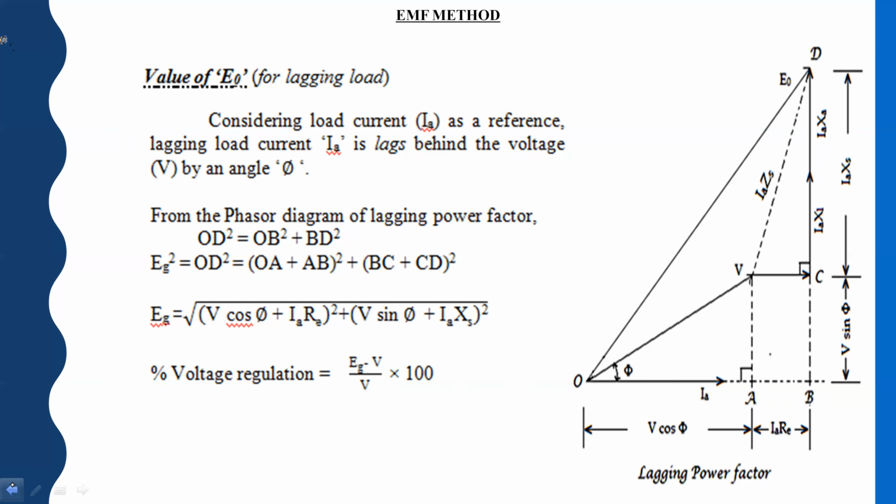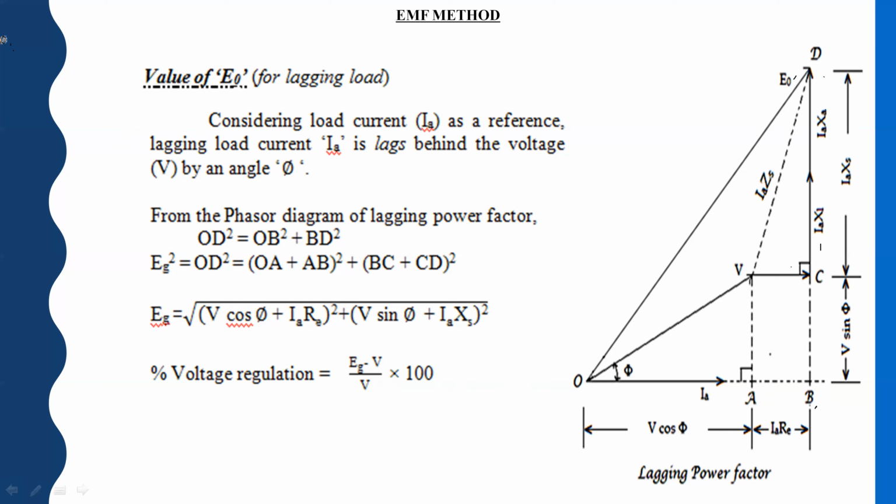This is my E naught, how I have plotted. IA RA will be in the same direction I have taken. IA XS perpendicular to it, resultant is IA ZS. So this is your E naught joining vector. Now if I take the full triangle OBD, you can see here from the phasor diagram, OD square equals OB square plus BD square.